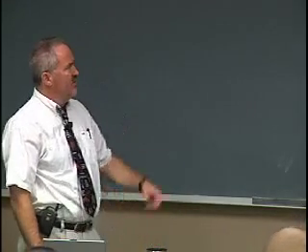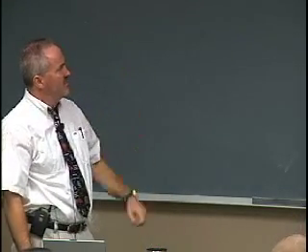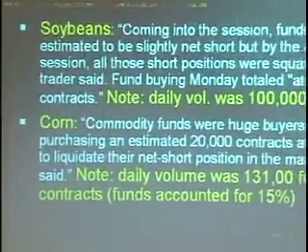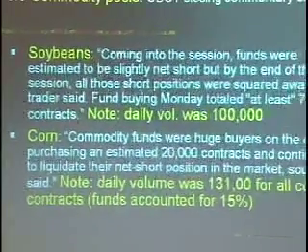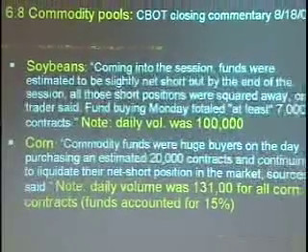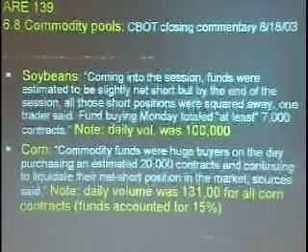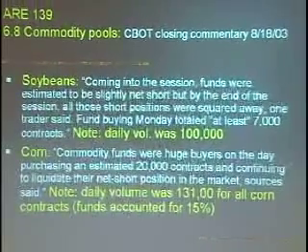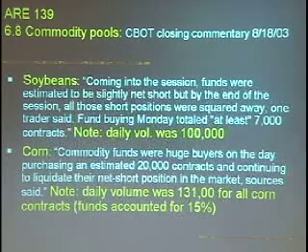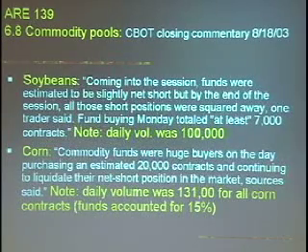And I'll give you two examples that I took from the Wall Street Journal this summer in soybeans and corn. If you're reading the daily commentaries, at the Chicago Board of Trade, they have excellent daily commentaries for every market, or the Wall Street Journal. You'll often see comments something like this. This is the soybean market. This was the close on August 18th.